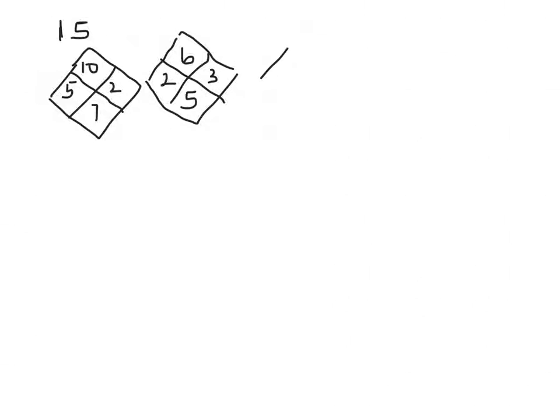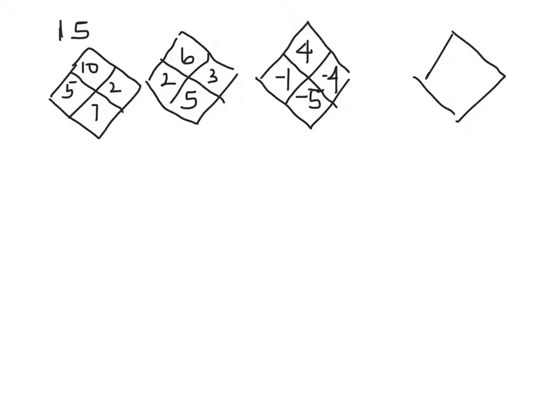The third one has got a 4 up here, a negative 1, a negative 4, and a negative 5 down here. And what it wants us to do, the 4th diamond, is it wants to know how we can tell what goes up top or what goes down in the bottom if we know this number and this number.